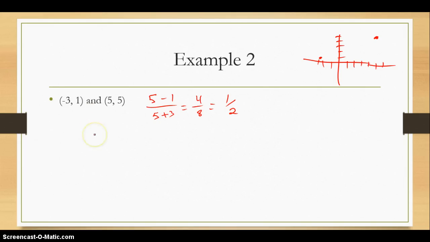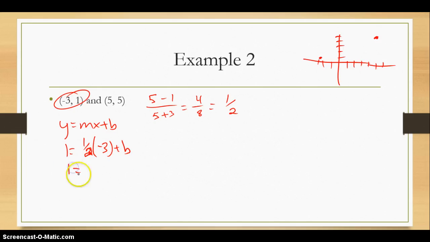So now I'm only going to pick one point. I like when problems have ones in them, so I'm going to choose this point here. So we know that it's y equals mx plus b. So y is 1, oops, sorry, that's 1/2, times negative 3 plus b.